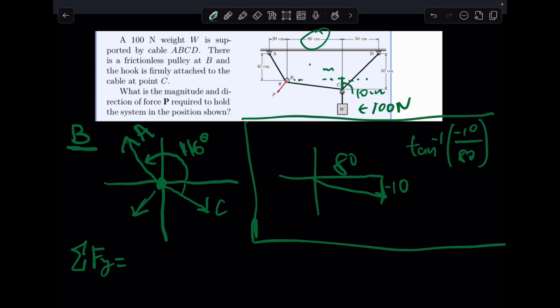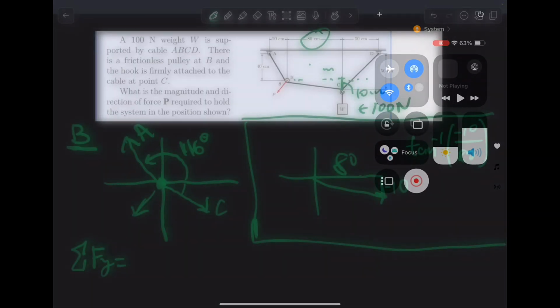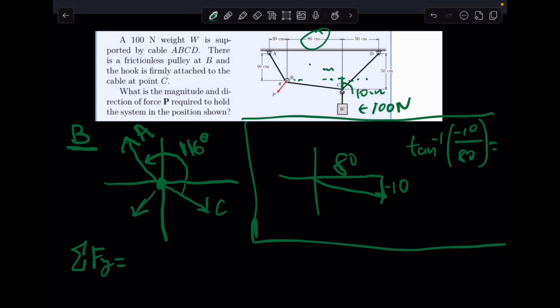And that's going to give us, give me a second. That right there is going to give us minus 7 degrees, if we're going this way, right? This is minus in the negative direction. Or if we go in the counterclockwise direction, that is equal to 353 degrees, which is what I'm going to use for this problem, just to be consistent in all of our problems.